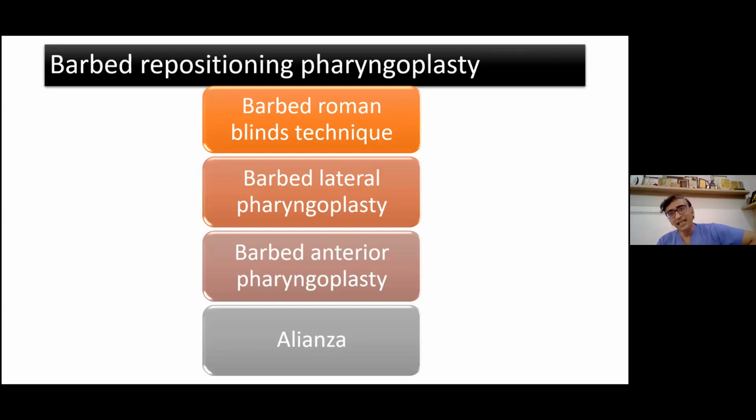So even in barbed pharyngoplasties, even though BRP is the most famous one, there are barbed lateral pharyngoplasty, barbed anterior pharyngoplasty, and the original Alianza technique by Mantovani.